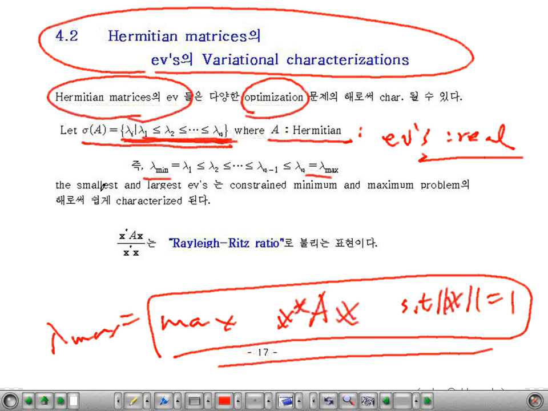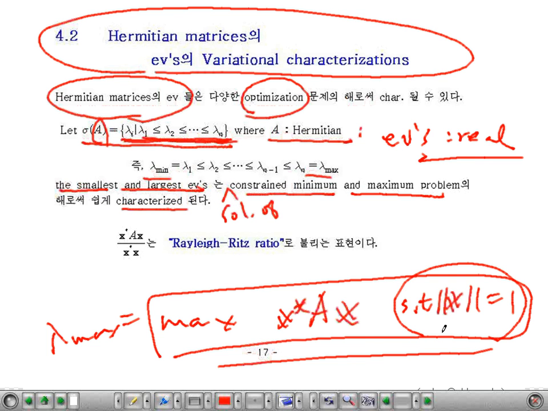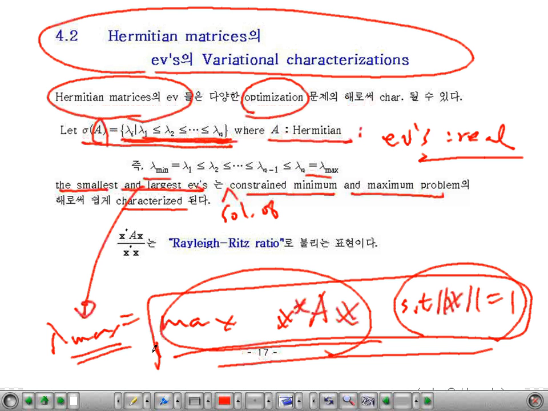Then these smallest and largest eigenvalues of the matrix A can be characterized as the solution of constrained minimization or constrained maximization problems. The largest eigenvalue can be characterized as a solution of this constrained maximization problem, and the smallest eigenvalue lambda 1 can be characterized as a constrained minimization problem of this type.